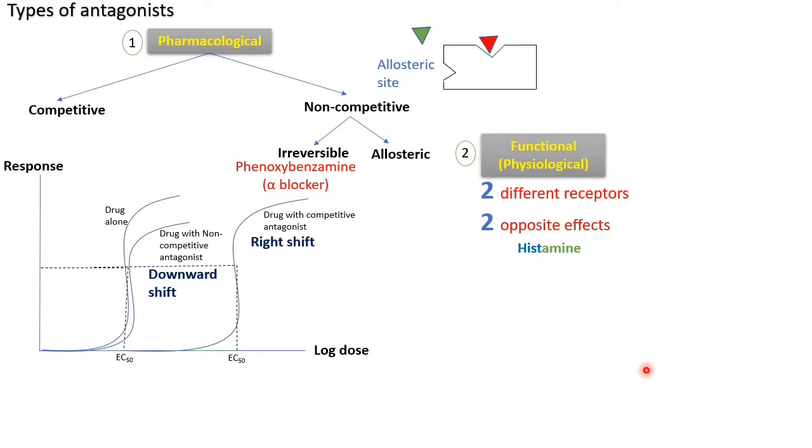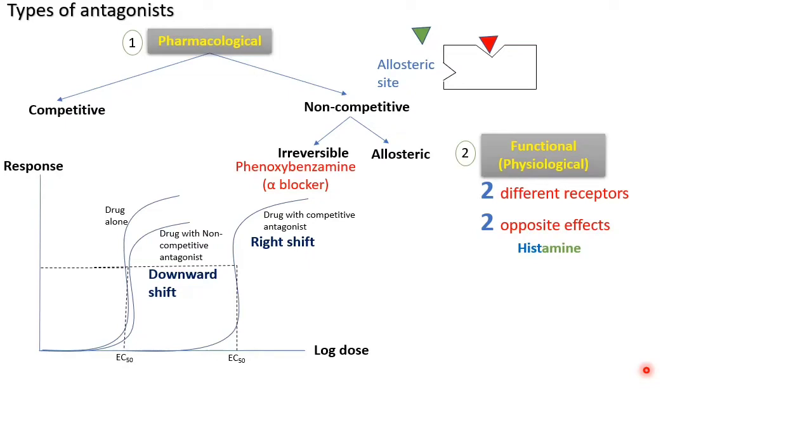This histamine is, by the way, a molecule that results from the decarboxylation of an amino acid called histidine. And the decarboxylation of any amino acid gives the corresponding amine. So the decarboxylation of the amino acid histidine gives us histamine.